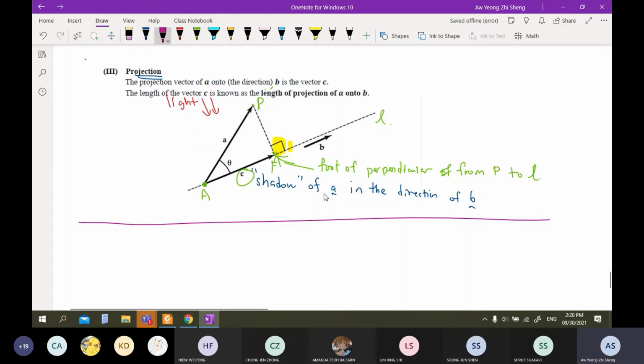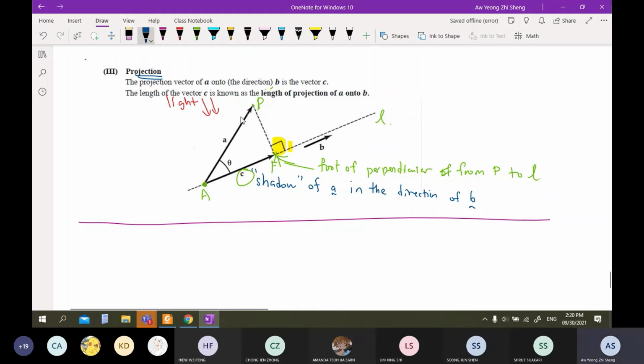Yeah, this is a shadow idea. Can everyone understand the shadow idea? Do you want me to explain again what I mean by shadow? When we say projection, the layman way of understanding it is shadow. In SPM Max, you have something similar. You call it orthogonal projection.